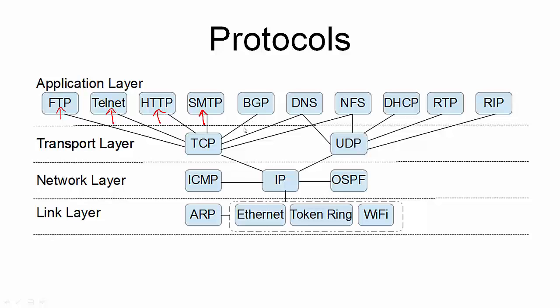These links show that the application layer protocols use either TCP or UDP. Some, like DNS, use both TCP and UDP. At the network layer, you have the IP protocol, which is the most important. This is a routing protocol that uses IP. At the link layer also, we have many protocols: Ethernet, token ring, Wi-Fi, and so on. As you can see, there are plenty of protocols as part of the internet protocol stack.